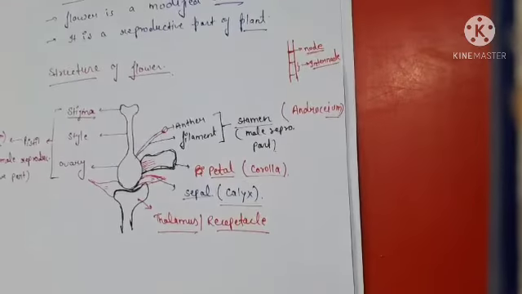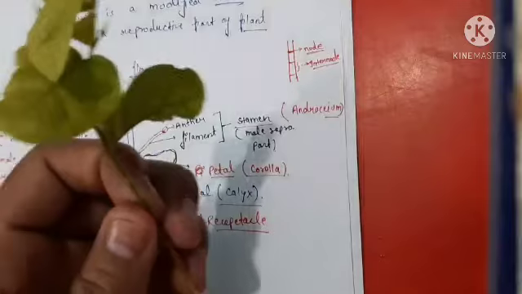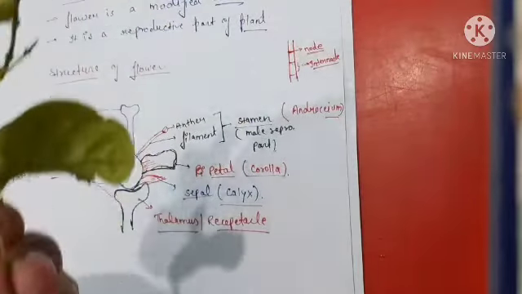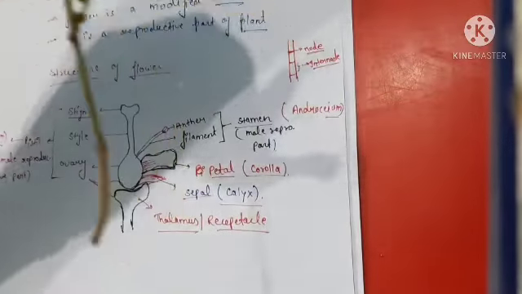Now we will explain practically. Suppose it is a flower, okay, so sorry, not a flower, it is a stem, part of a stem.